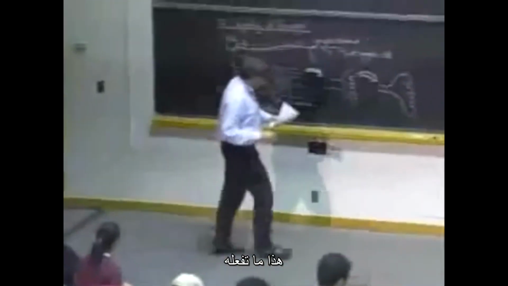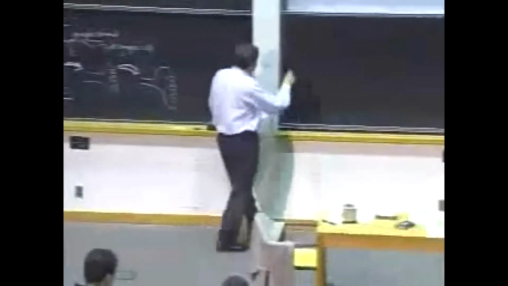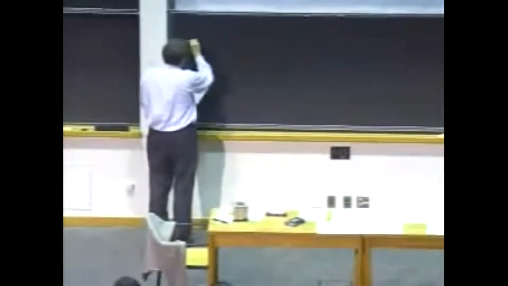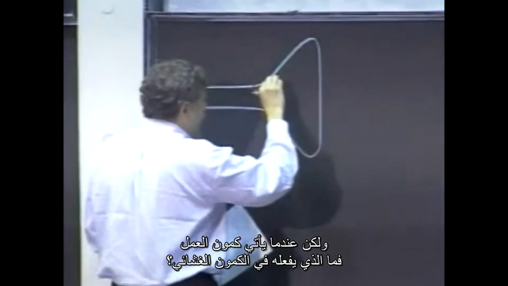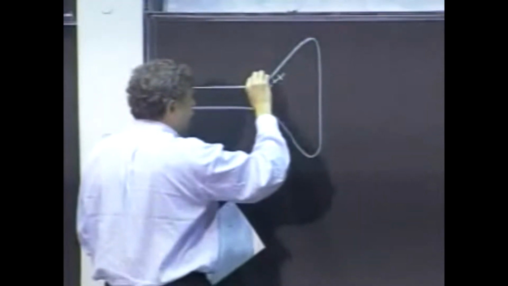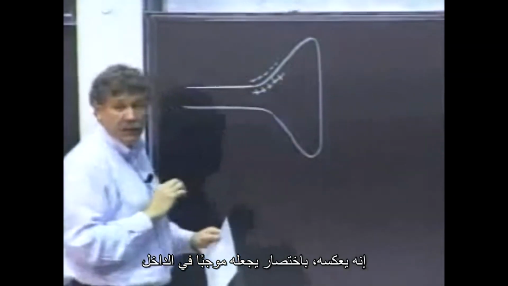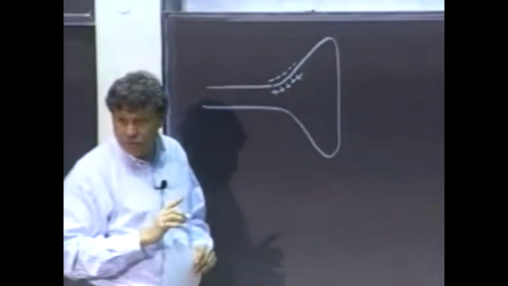Here's what it does. When the electrical signal comes down, remember originally the membrane potential is negative, but when an action potential comes by, what does it do to the membrane potential? It reverses it. It makes it positive inside briefly.